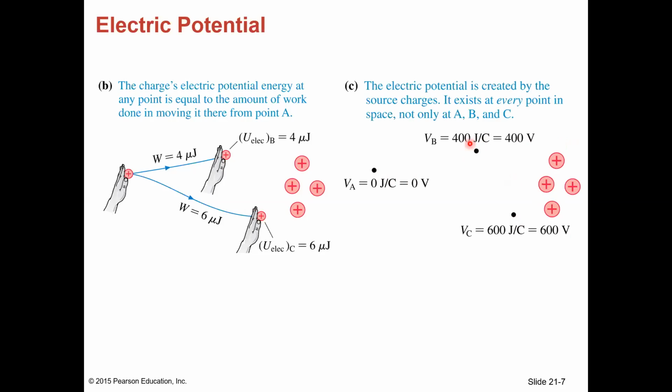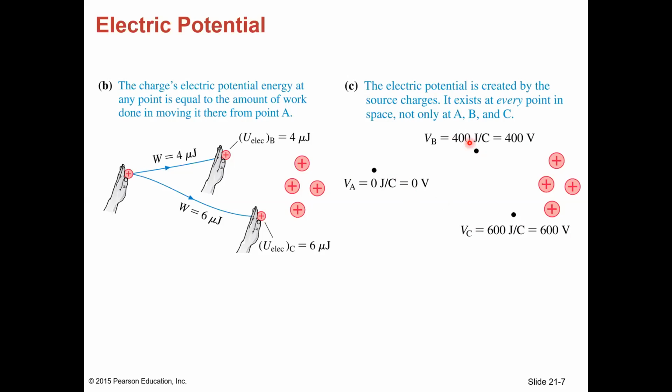And these voltages, remember, are not energy. We don't have an interaction between 2 charges. What I have written up here: the electric potential is created by the source charges. So voltage is created by these charges, and it exists at every point in space. So A, B, and C, and everywhere in between. So you have voltages everywhere in this space.